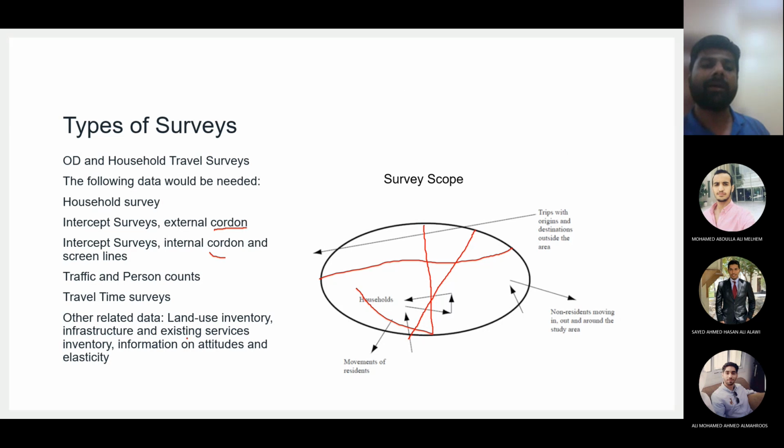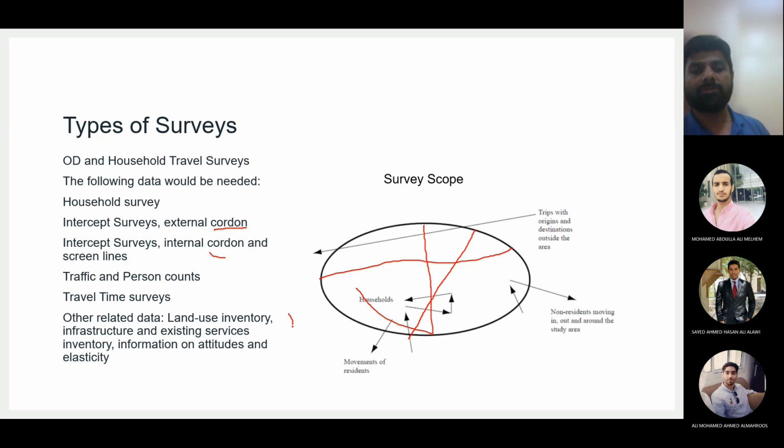Other relevant data includes land use inventory, what type of land use you have in this area, what infrastructure you have, what services you have, bus services, bus stops, metro services, and information on attitudes and elasticities. We have discussed them earlier as well, but this information may come from previous surveys.